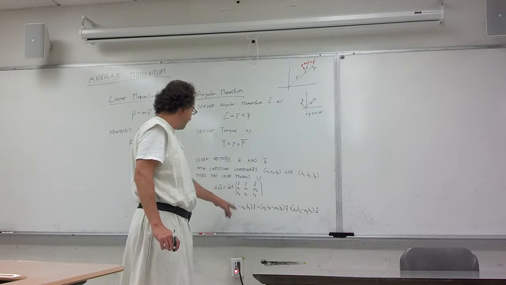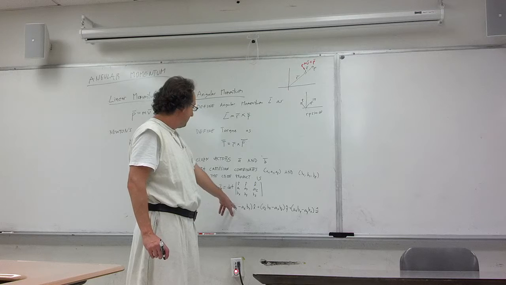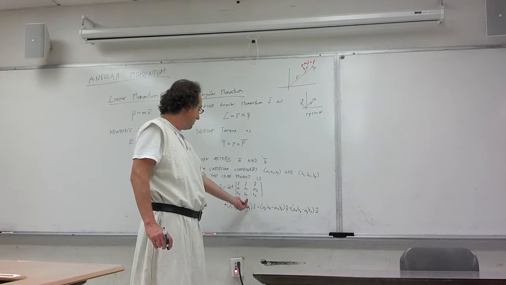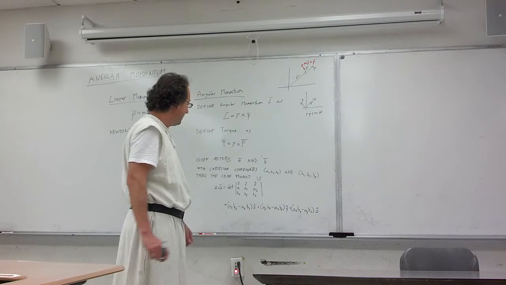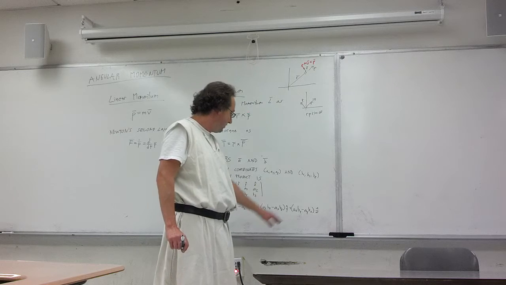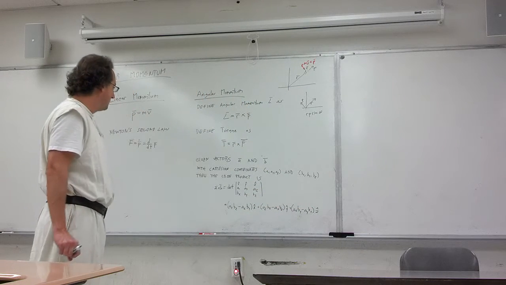The x component is formed from the y and z components, and then we have them in one direction. We reverse the order of the components, take the z and the y component, and we flip the sign. And we do the same thing. The y component is formed from the x and z components. The z component is formed from the x and y components.